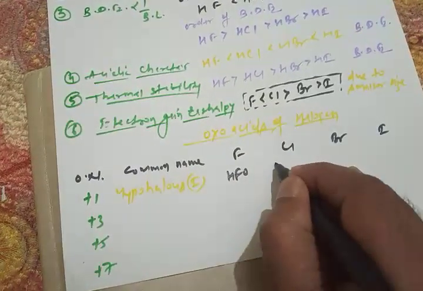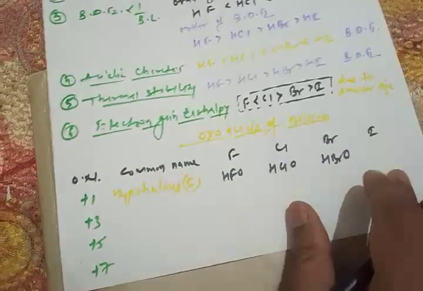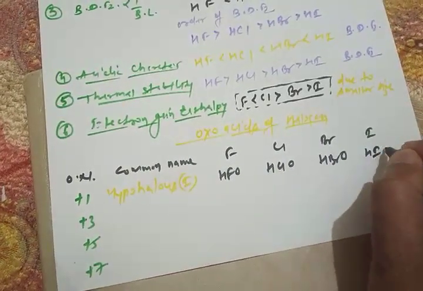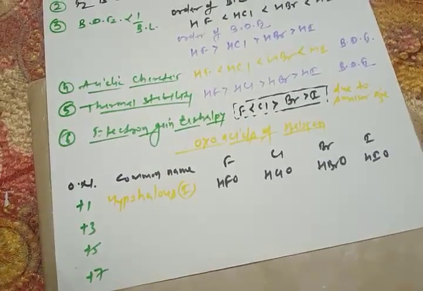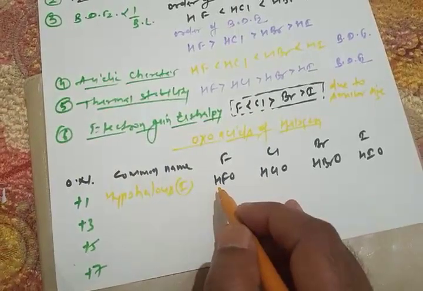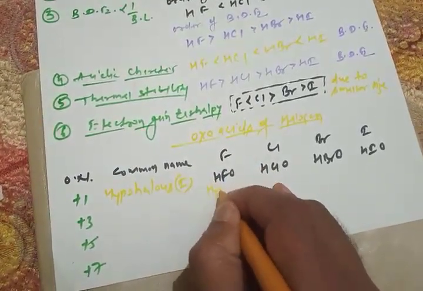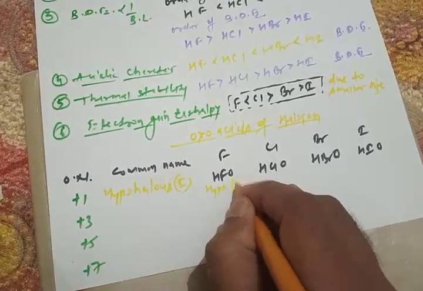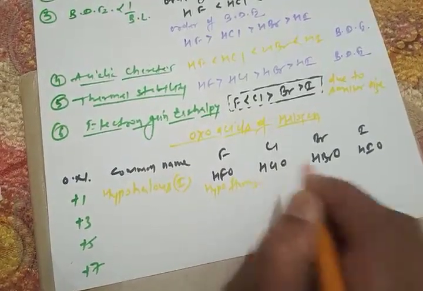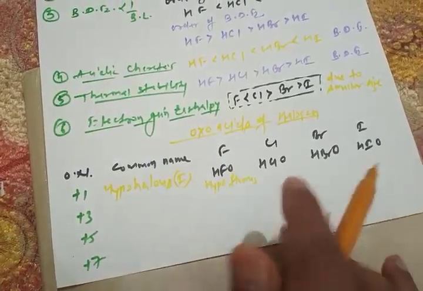HFO, HClO, HBrO, and HIO. As the common name is hypohalous acid, what is the name of this? This we call hypofluorous acid. Similarly, this is hypochlorous acid, this is hypobromous acid, this is hypoiodous acid.